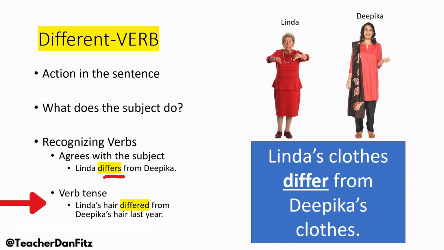Another way you can see if a word is a verb is if it uses some verb tense, like if it's Linda's hair differed from Deepika's hair last year. Last year tells me it's past tense, and then I see the ED on the verb, I can say, oh yeah, that's probably a verb.